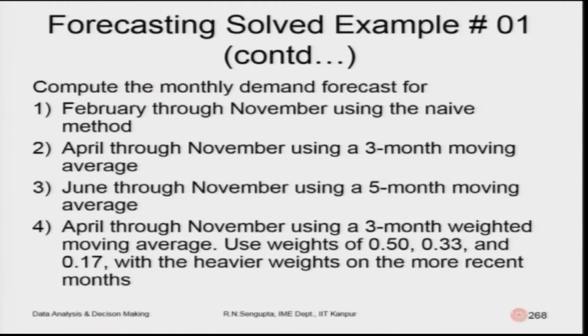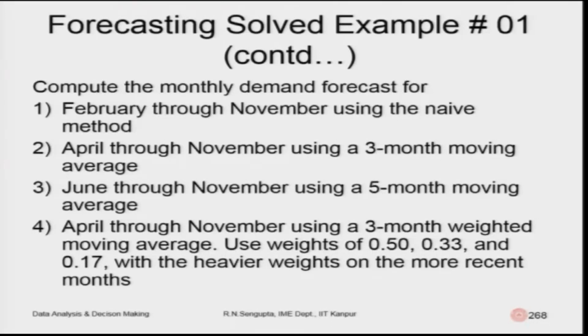That means you will use simple conceptual ideas without much calculation. This I have not discussed, but it is very simple to understand; you are basically going very intuitively. The second part of the problem is using April through November, you use a 3-month moving average.